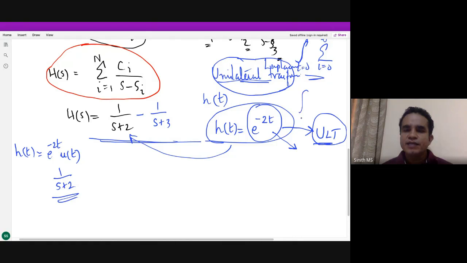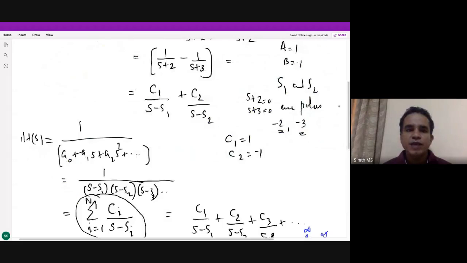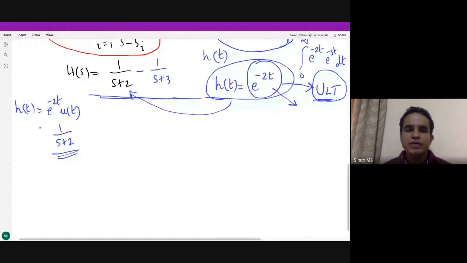You are basically finding the integral from 0 to infinity of e raised to minus 2t times e raised to minus st dt. So this is the same as finding the Laplace transform of e raised to minus 2t u(t), because when you have a u(t), your integral normally changes from 0 to infinity. So the unilateral transform of e raised to minus 2t is the same as 1 by s plus 2.